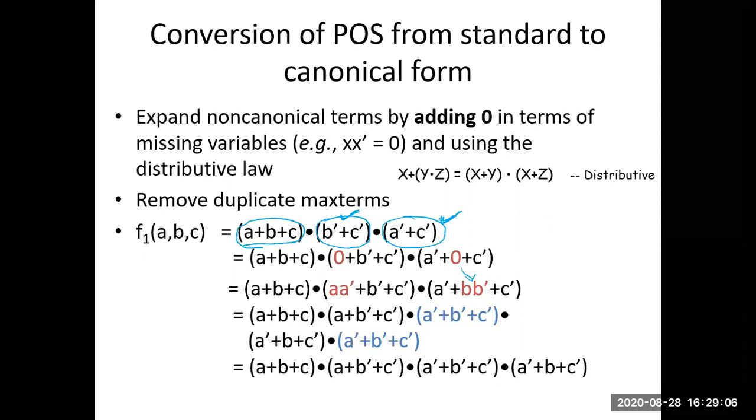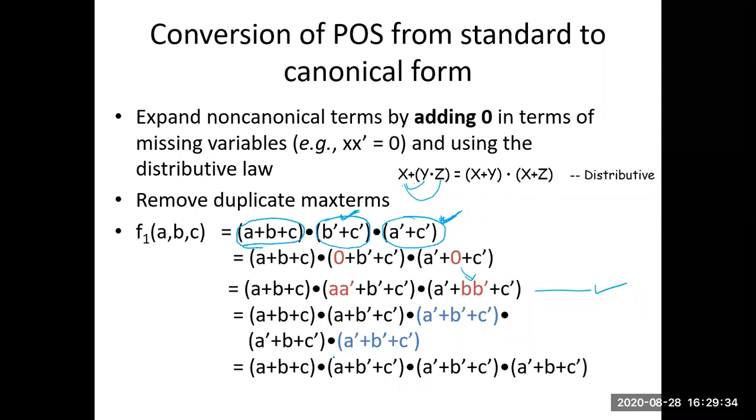After writing this expression, you apply the distributive law. Distributive law we have already discussed: x plus y into z can be written as x plus y, dot, x plus z. Basically you are writing the same thing in this one also.